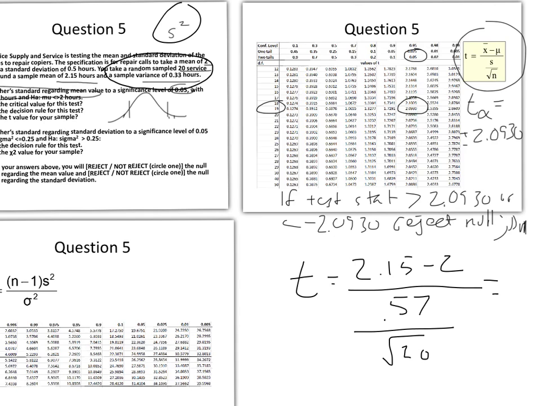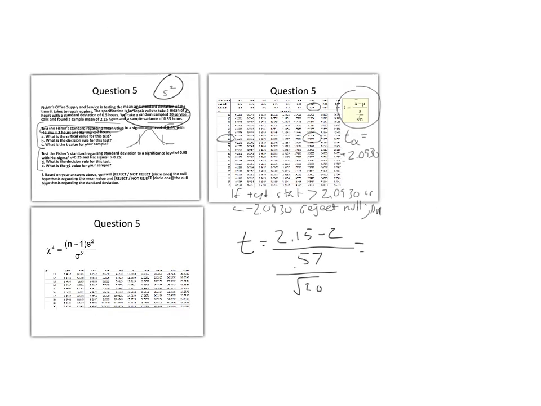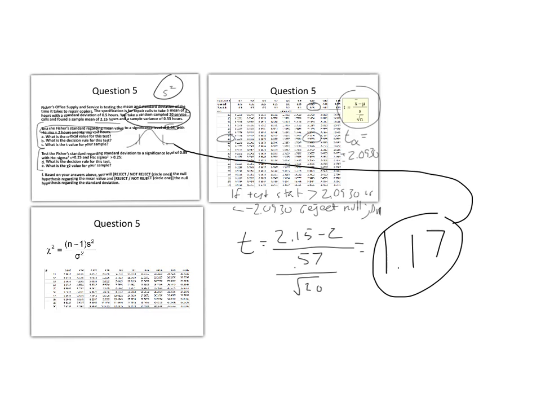So let's do that now. The result of 2.15 minus 2 over 0.57 over the square root of 20 is approximately 1.17. So our result, 1.17, if we link back to our picture, does not fall in the rejection region, it's between the rejection regions.